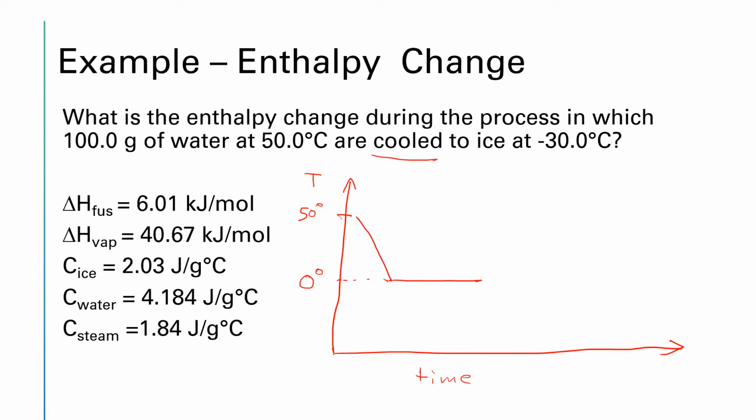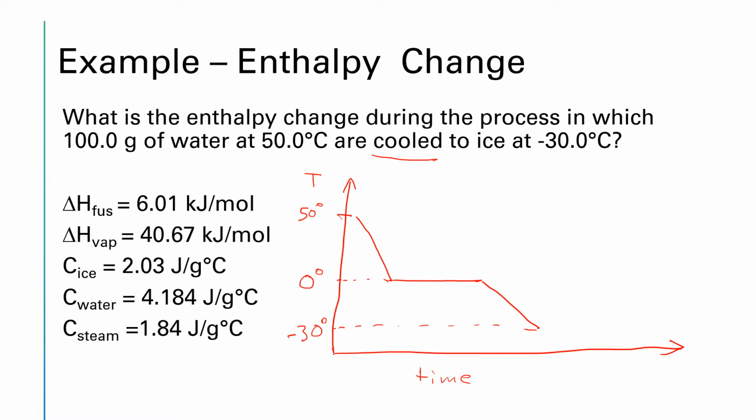And then once every little bit of liquid is turned into ice, and we continue removing heat, the temperature is going to drop until we end up at negative 30 degrees. So we have three different regions. In the first region, it's liquid water cooling.